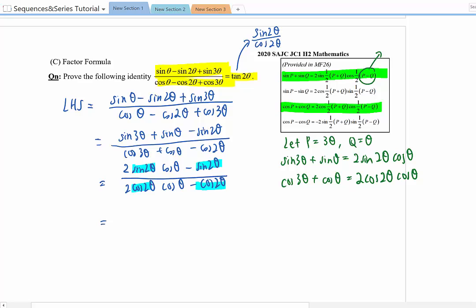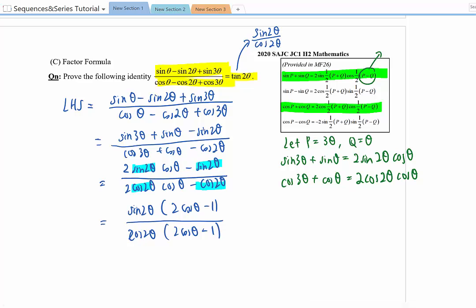So this would give us sine 2 theta times bracket 2 cos theta minus 1, over cos 2 theta times bracket 2 cos theta minus 1. And great!